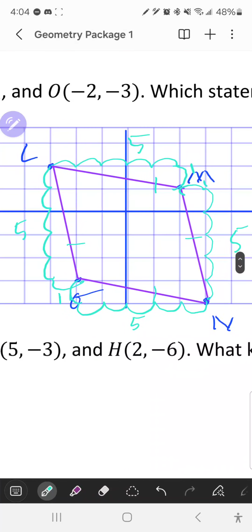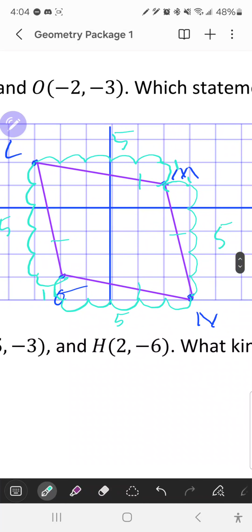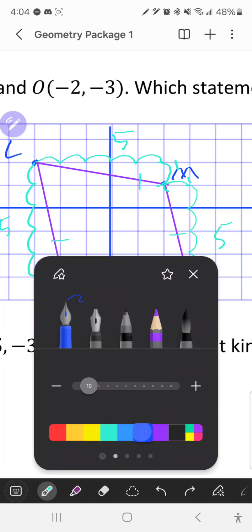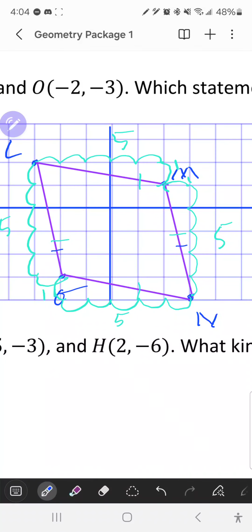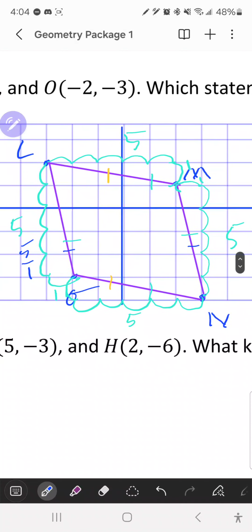And now, as you also can see, this line has the exact same slope as this line. I'll put it in another color. That has the same slope because the rise is going to be 5. This is going to be 5 over run, which is 1.